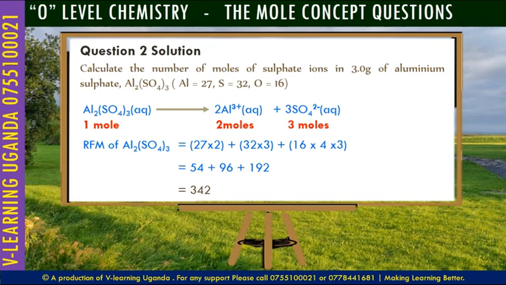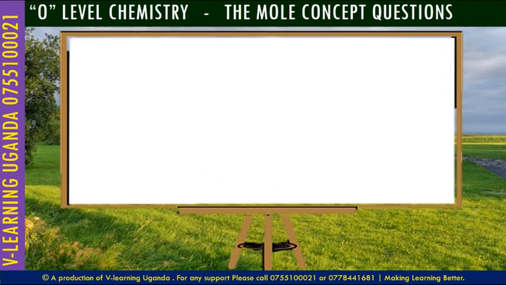Now the RFM will lead us to the number of moles. By formula, we would just take 3.0 and divide by 342 to get the moles of aluminum sulfate that is ionizing. But going slowly, from first principles, 342 grams of aluminum sulfate contain 1 mole.